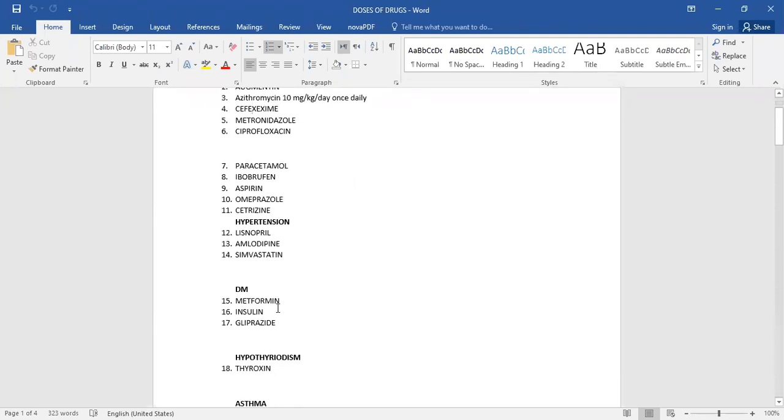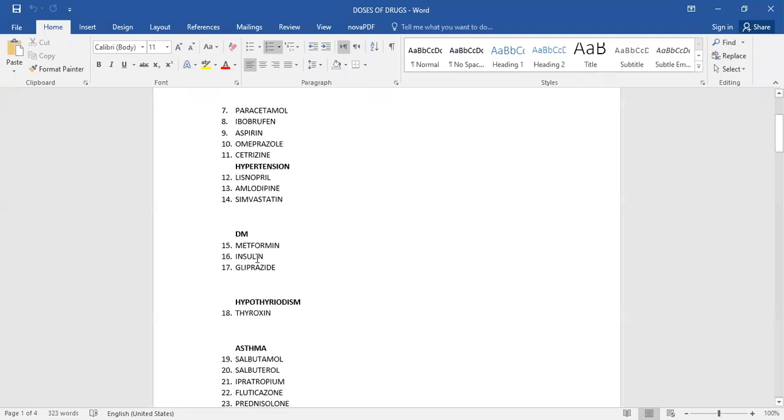Now you come on to the hypertensive medications. Lisinopril is an ACE inhibitor, given once daily. Amlodipine is a calcium channel blocker, 5 milligram or 10 milligram, usually given once daily. Simvastatin 20 milligram, 40 milligram, usually given once daily. For the diabetes, you can also search it on the internet.